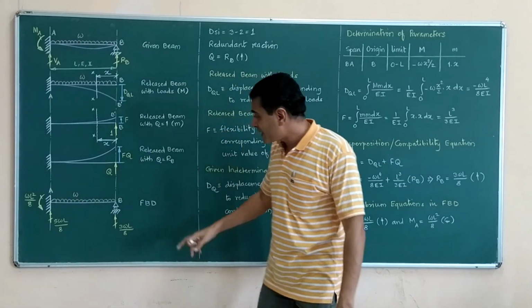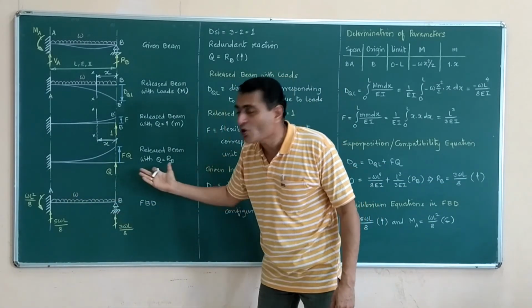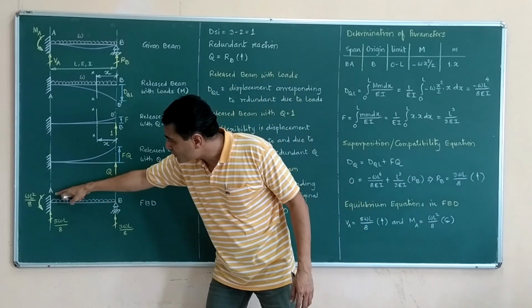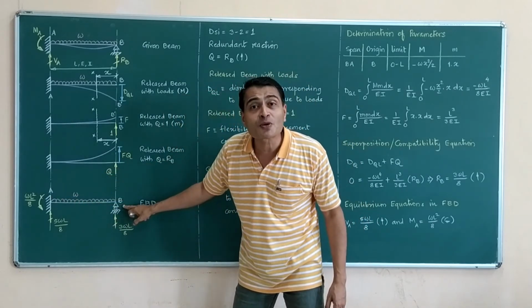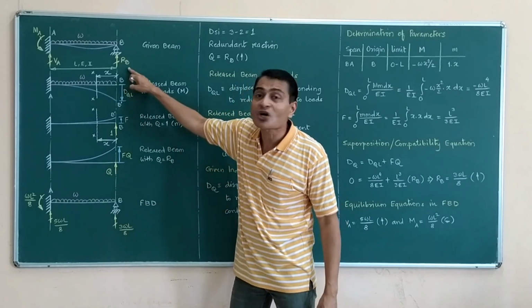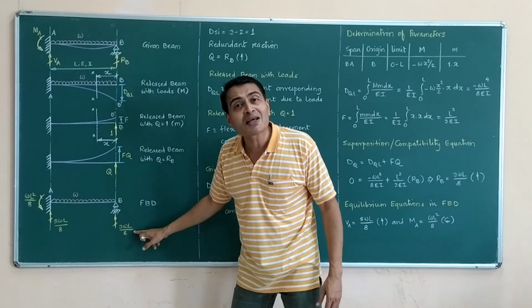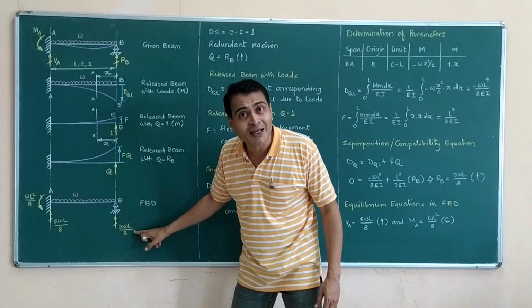The moment I get this particular answer, I simply consider FBD of the same beam, fixed support. This is the prop support or exterior roller support. This reaction which was unknown here, now I know, so I am writing it as 3wL upon 8.